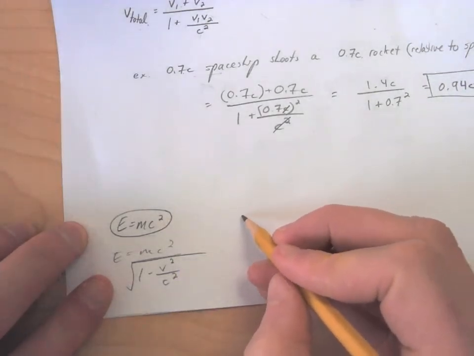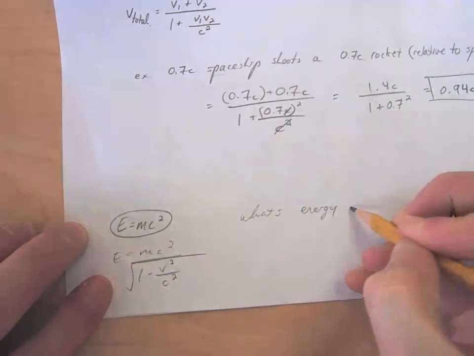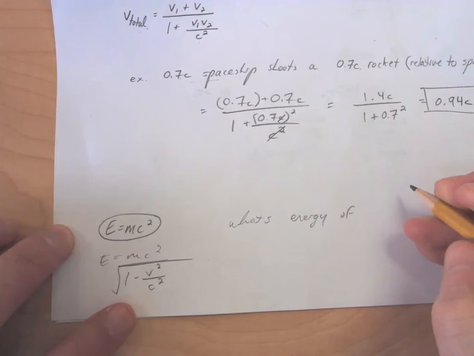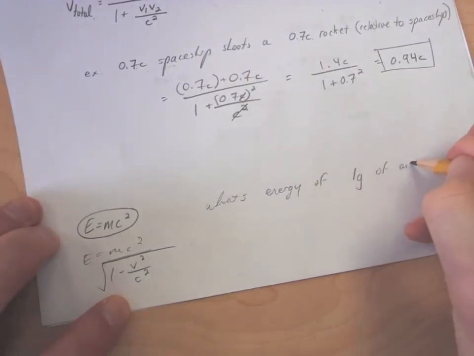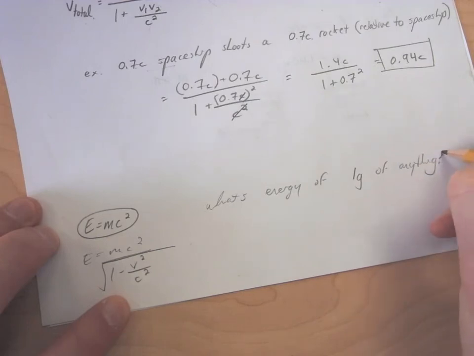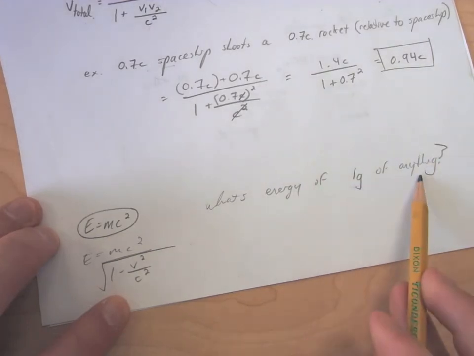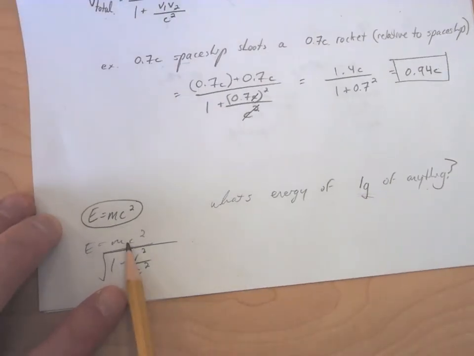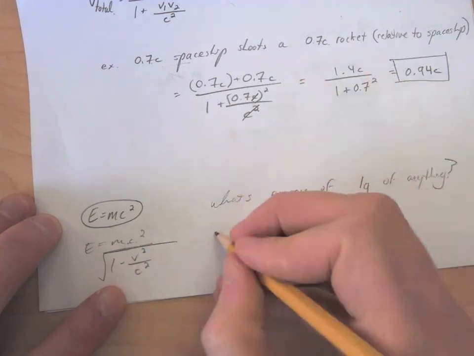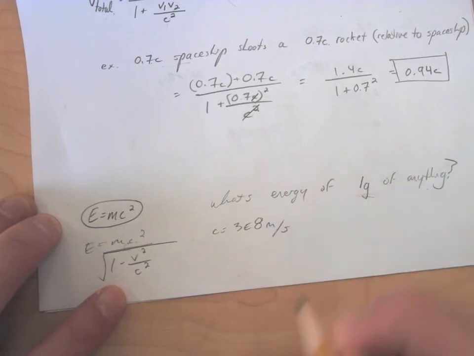So, what's the energy of 1 gram of anything? It doesn't matter what the thing is, just the mass matters. You go 0.001 times c squared, and we know c is 3 times 10 to the power 8 meters per second.